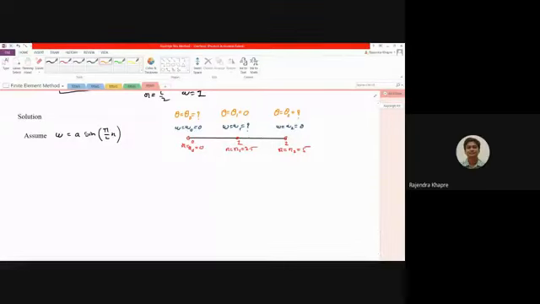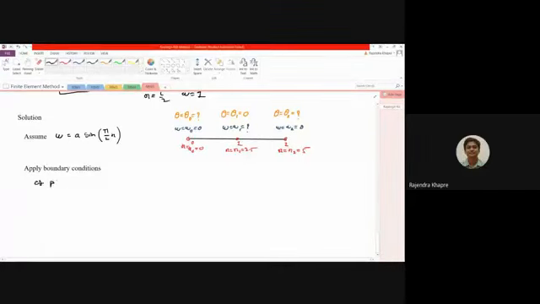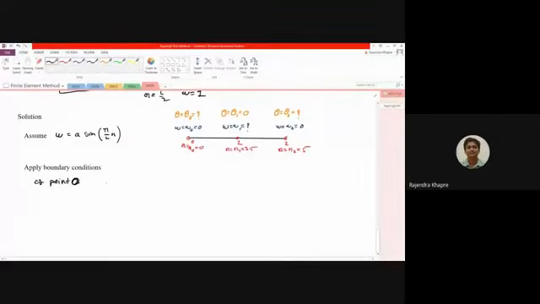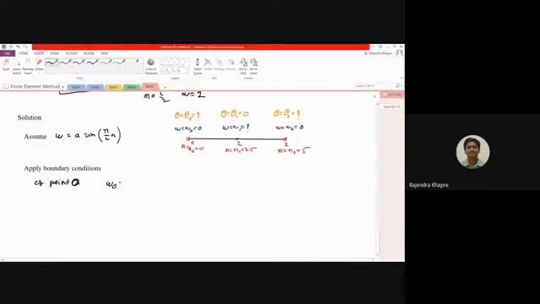Okay, so now if you apply the boundary conditions over here, you are not going to get anything. Let us say at point 0, w will be called w0.